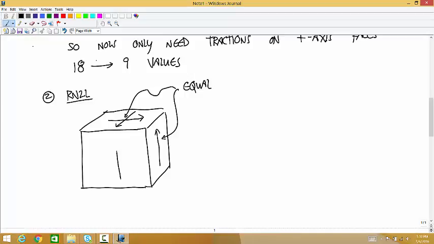This has to equal this. And this has to equal this.